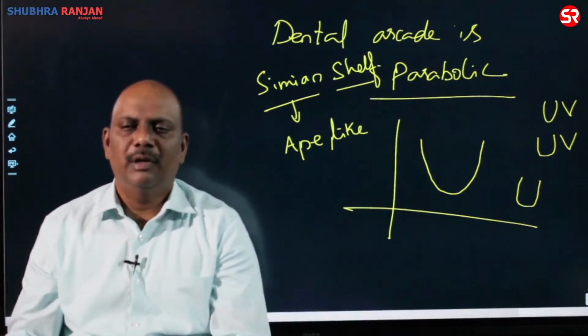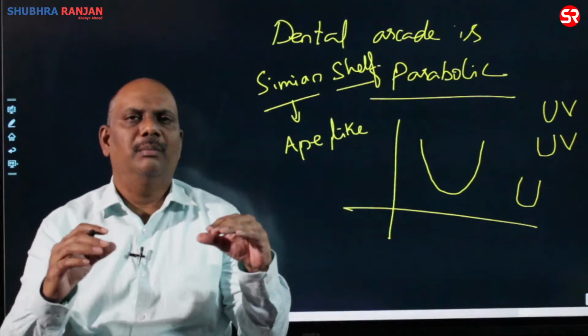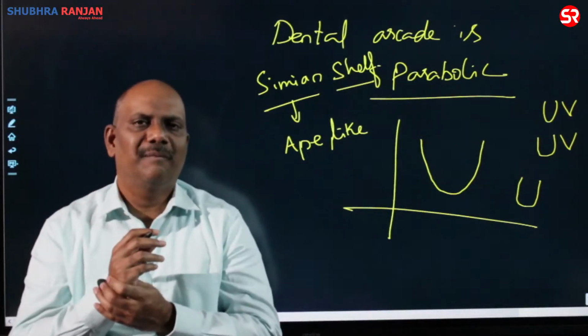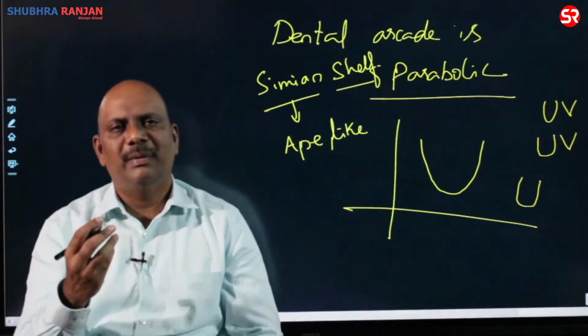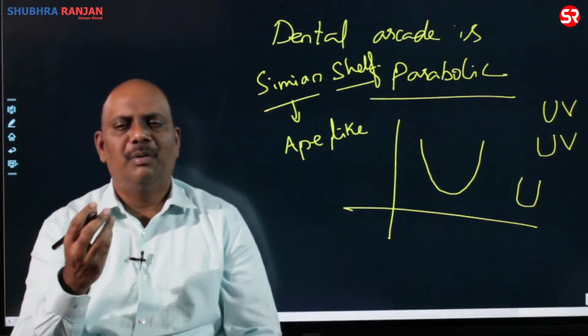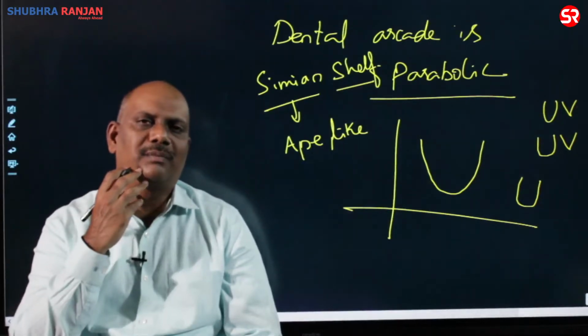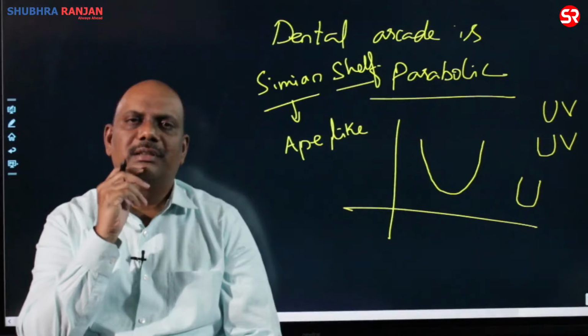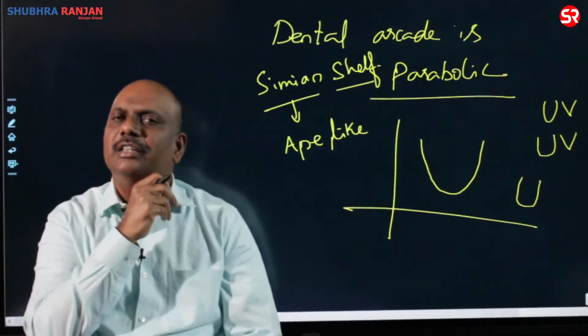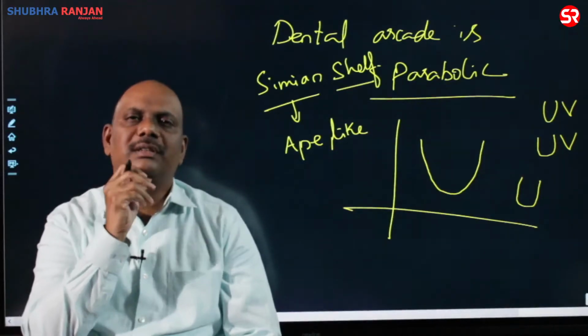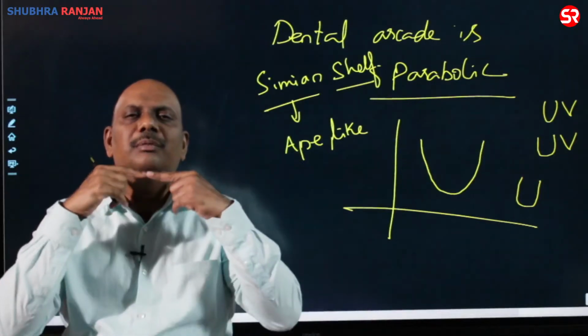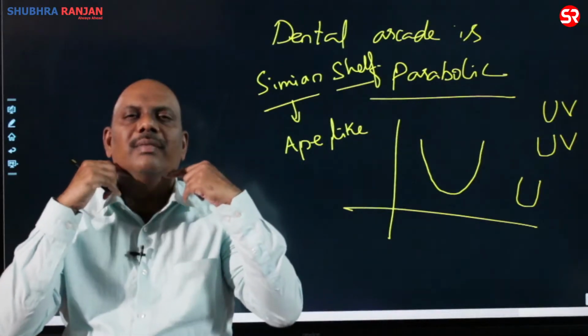If you have a shelf in your home, you will keep your books in that. Similarly, simian shelf means a shelf-like bone found in our lower jaw. It is found in this region. This region is largely boneless for us, and here this bone extends down like a shelf.